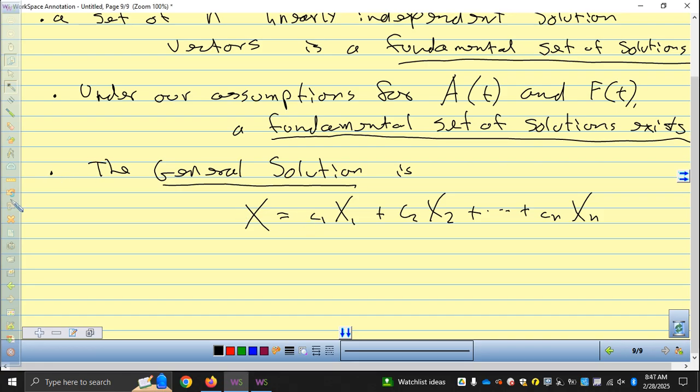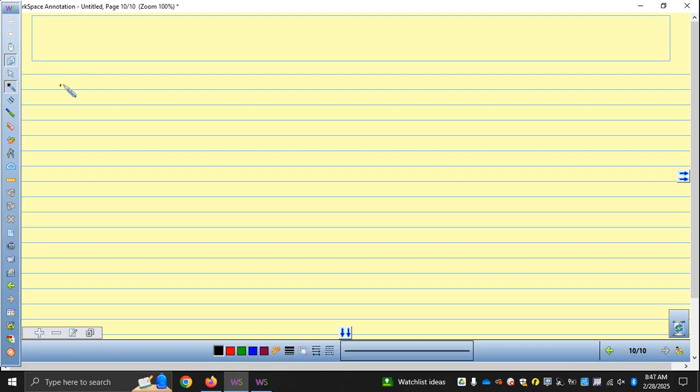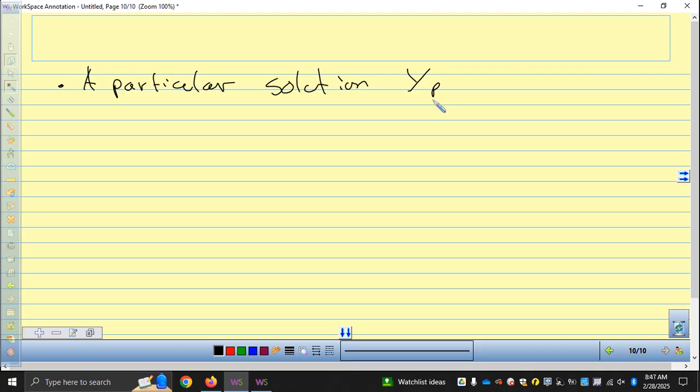All right, we're almost done. A particular solution y sub p is any solution vector free from arbitrary parameters that satisfies the differential equation.